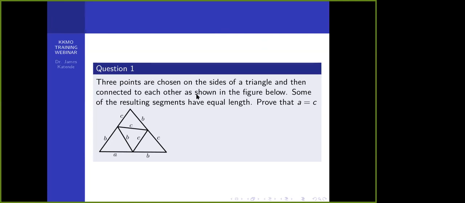Maybe we can go to the solution, or is there anyone who has some ideas?